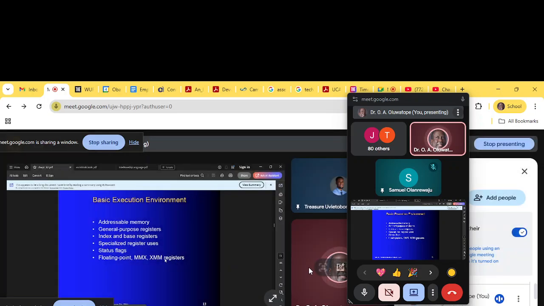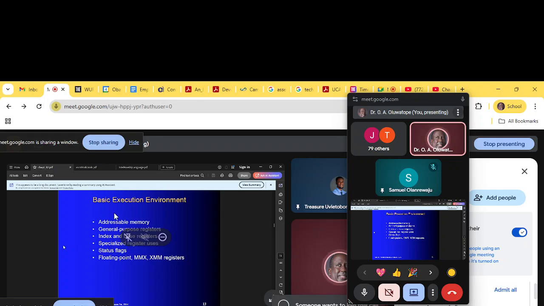And then we have floating point registers. Floating point registers are specialized registers designed to hold floating points, decimal points. And then registers again that are dedicated to multimedia extensions. MMX means multimedia extensions, and also extended memories.